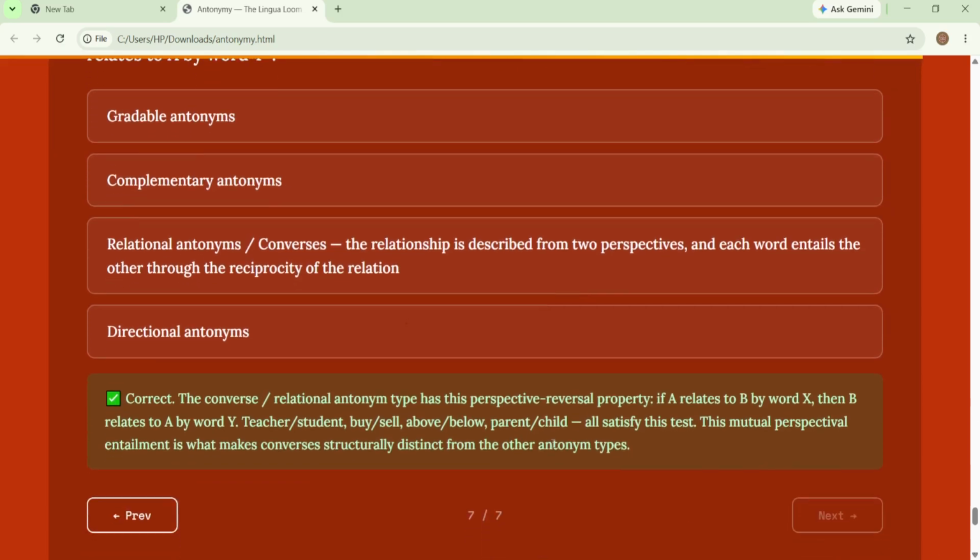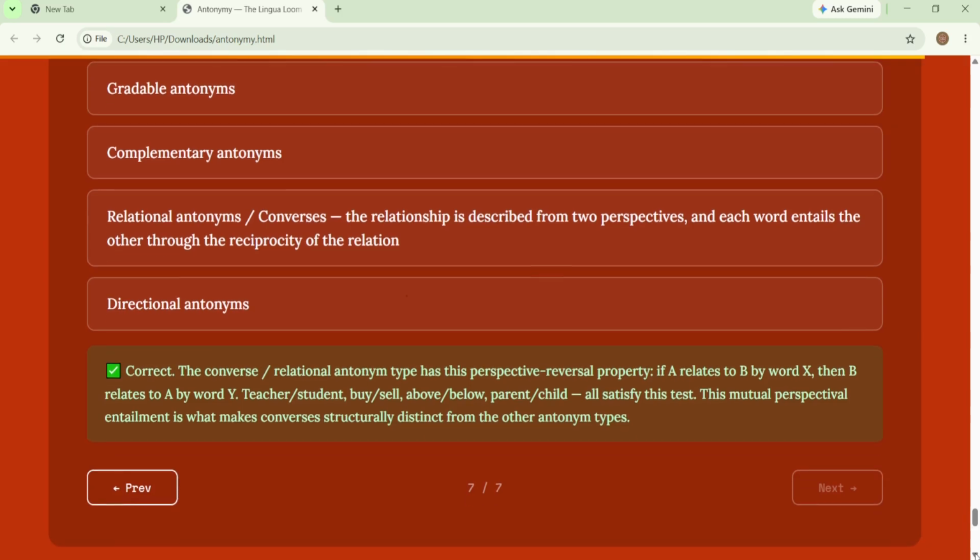The converse relational antonym type has this property. If A relates to B by word X, then B relates to A by word Y. Teacher, student; above, below; parent, child. All satisfy this test. This mutual perspectival entailment is what makes converses structurally distinct from the other antonym types.